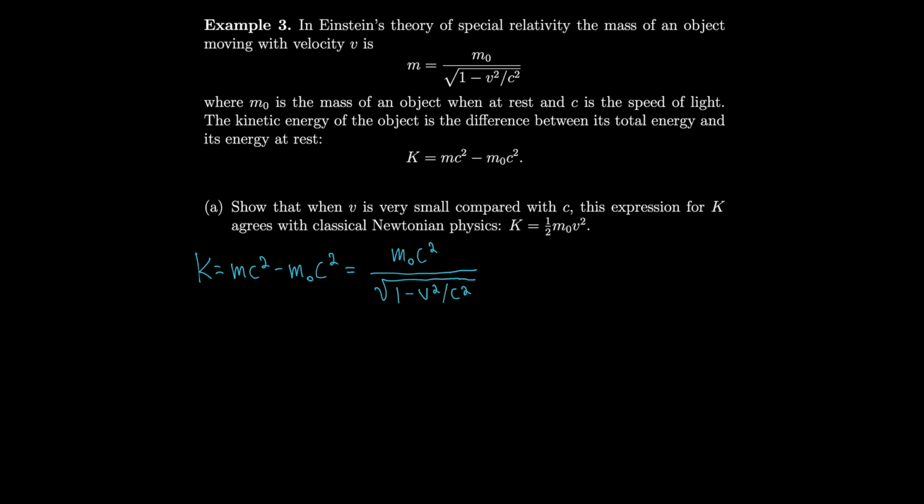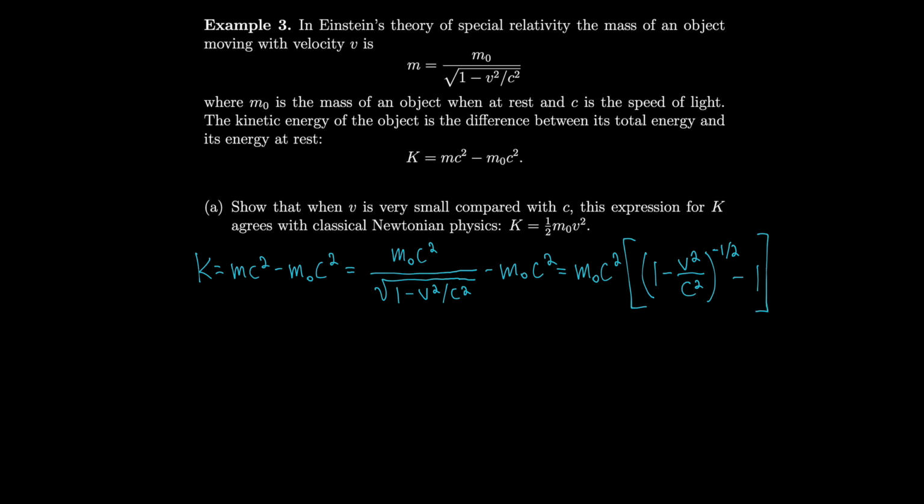And then we subtract m naught times c squared. So factoring out, we get that that's m naught times c squared times the quantity 1 minus v squared over c squared to the minus 1/2 power, minus 1.